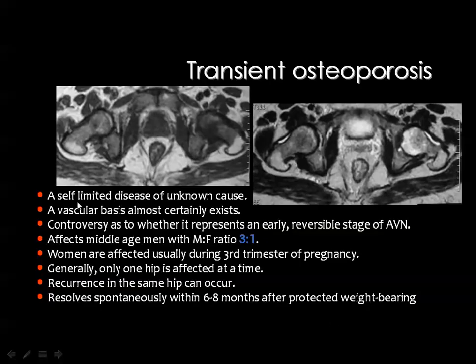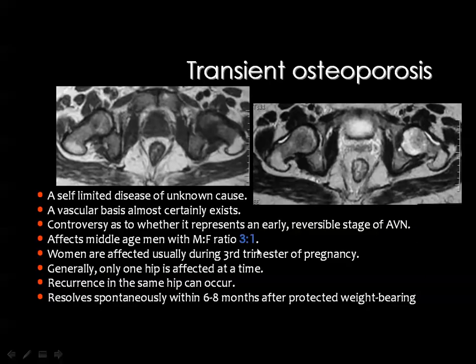As I have mentioned, it is a self-limiting disease, and this is possibly the basis of vascular etiology, maybe the cause. And this is an important statement which indicates that there is still a controversy as to whether it represents an early reversible stage of avascular necrosis or not.